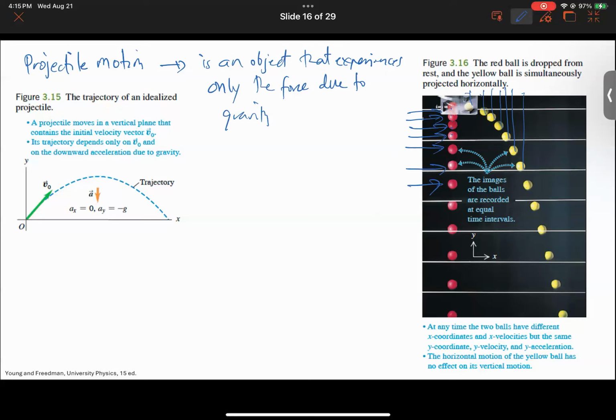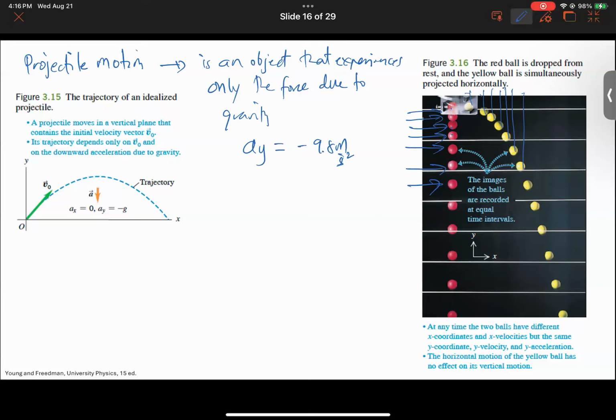Okay? At yung force na yun is gravity, which means na ang acceleration is equal to negative 9.8 meters per second squared. Ang acceleration along the y-axis ng projectile ay negative g or negative 9.8 meters per second squared. Okay, bakit along the y-axis? Kasi yung gravity, di ba, nag-work lang yan along the vertical. Wala kang acceleration along the x-axis.